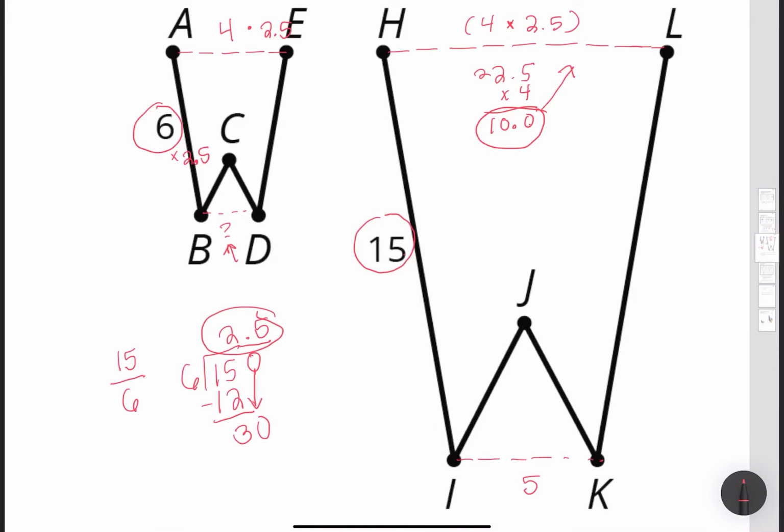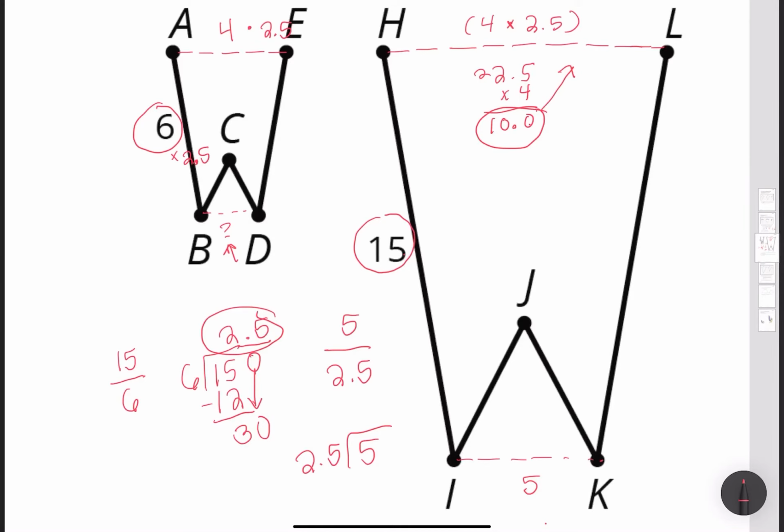If you guessed division, you are absolutely correct. So what I basically want to do is divide by the scale factor. So 5 divided by 2.5 to figure out that number. 5 will go inside, 2.5 will go on the outside.